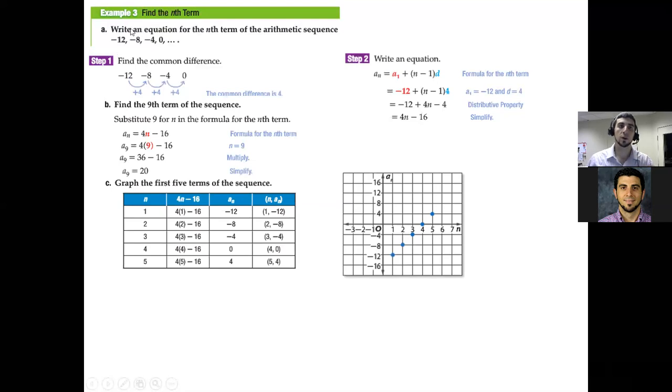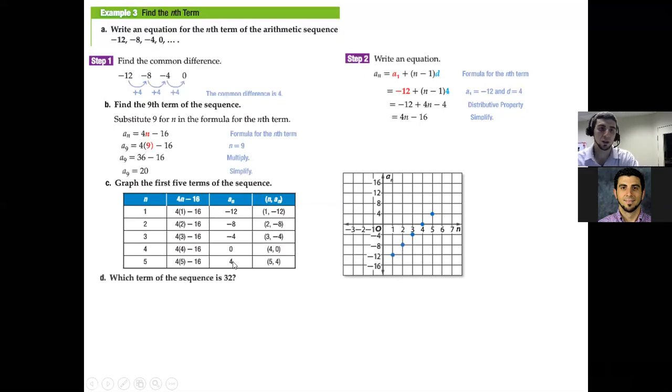So it goes negative 12, negative 8, and there's nothing in between there. There's nothing in between negative 12 and negative 8 in the arithmetic sequence. So when you're graphing arithmetic sequences, do not connect the points. Just plot them. Now you can plot more points if you want. That wouldn't be wrong. But don't connect the points.